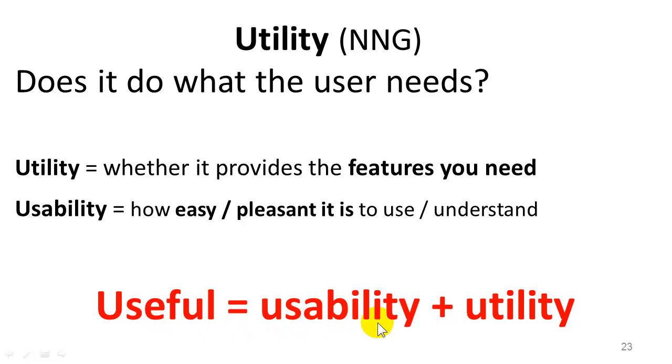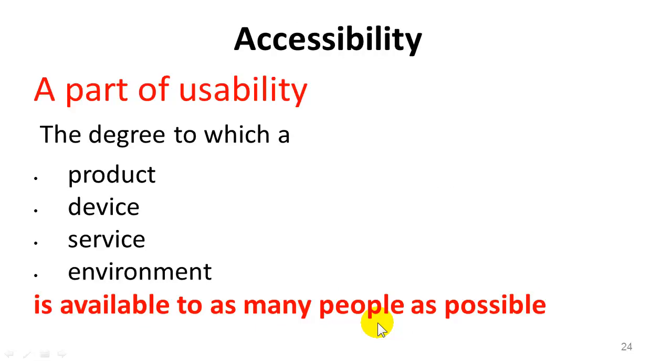So these are some things that we need to think about when we develop our applications, develop our products. Accessibility is a part of usability. Accessibility is the degree to which a product, device, service, or environment is available to as many people as possible. So now we're looking at the user.